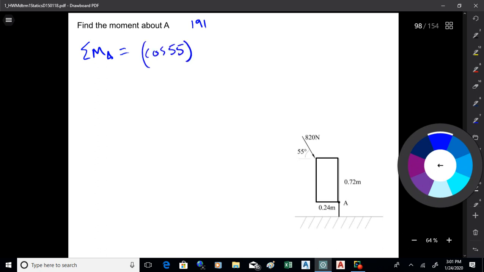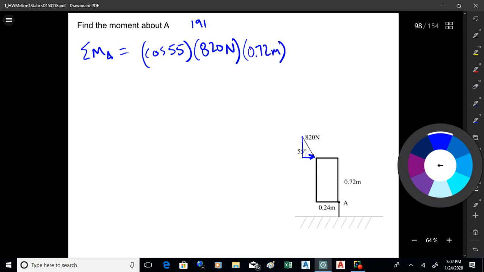What's happening there is you've got a right triangle that you can make, and cosine 55 is the adjacent angle, times the 820 newtons. That's an X force, so you would combine it with a Y moment arm.